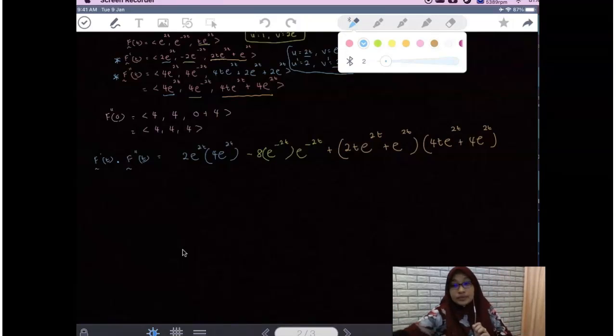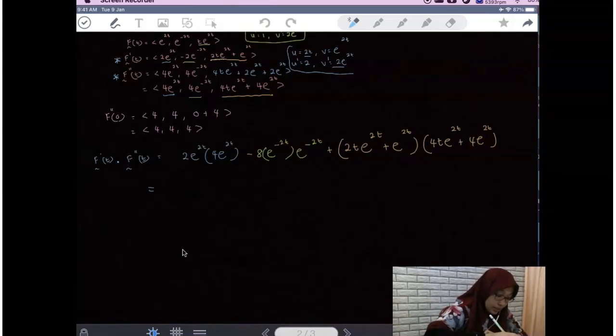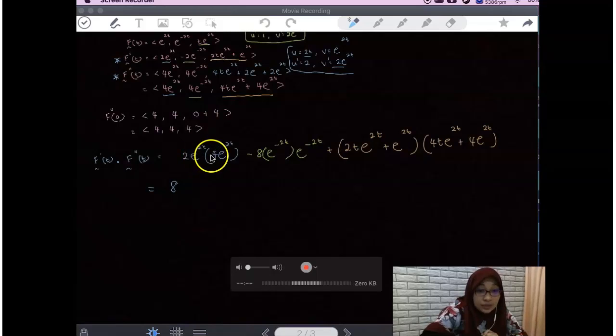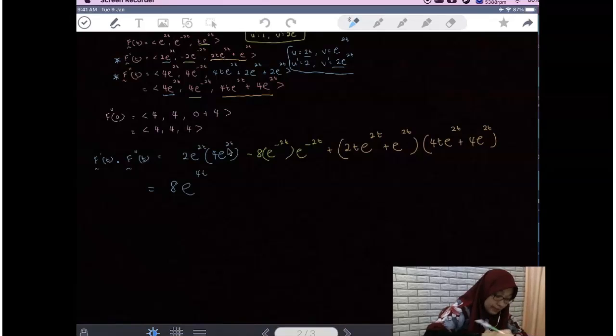When you expand that, so 8 e to the power of 2t plus 2t, because when they are multiplied you have to add the powers, so we get 4t. And minus 8 e to the minus 4t.